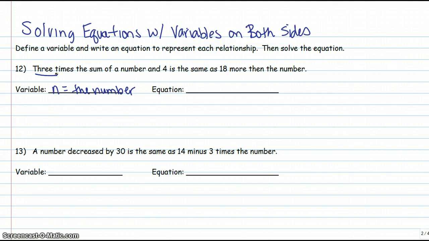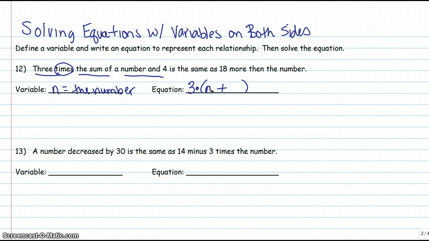It says 3 times. So 3 multiplies the sum of. So I've got to have a plus sign. But 3 is going to multiply this sum. So what I want to do is use parentheses, and inside the parentheses you put the plus sign, because 3 has to multiply the sum of a number and 4.